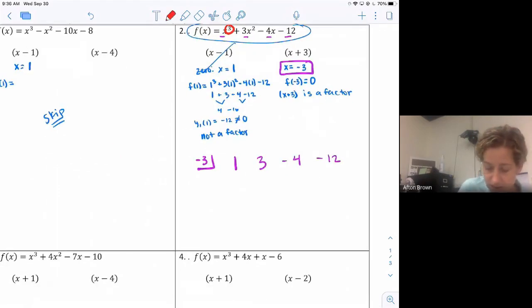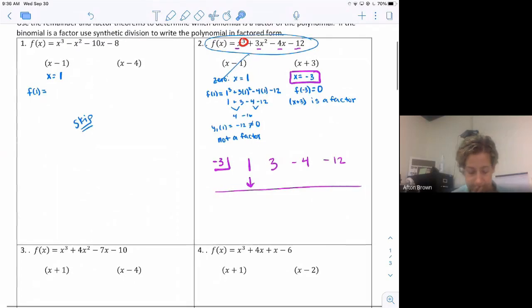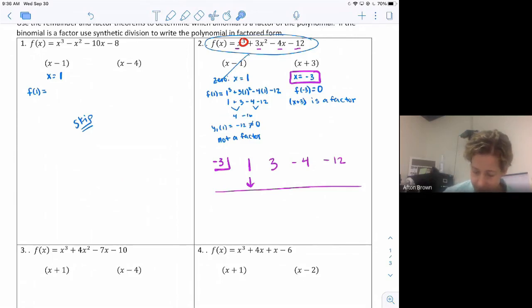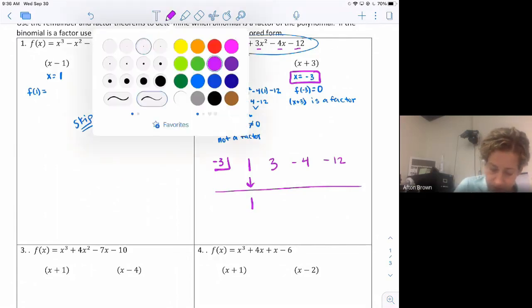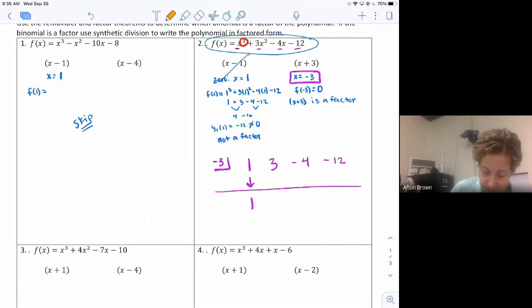Okay, take a second, do synthetic division on your own, and then let's compare our answers. See if you can do synthetic division to get the numbers below here. I'll be quiet so you guys can think.